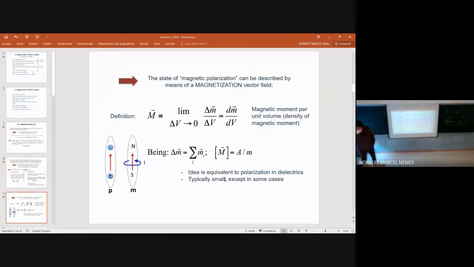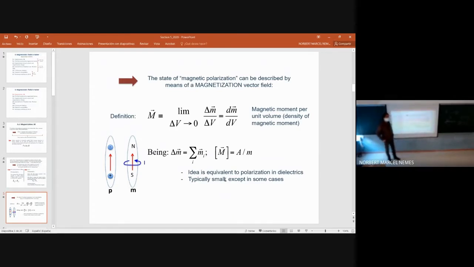But we will not use any of this. What we will do is define a magnetization. So we will take whatever the magnetic moments do. If they are disordered, then this delta M, which is still a sum of quite a lot of tiny magnetic dipoles, will be zero.